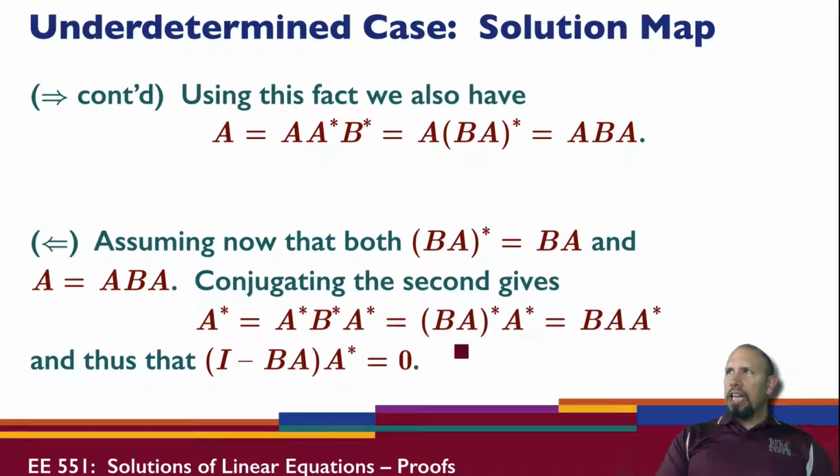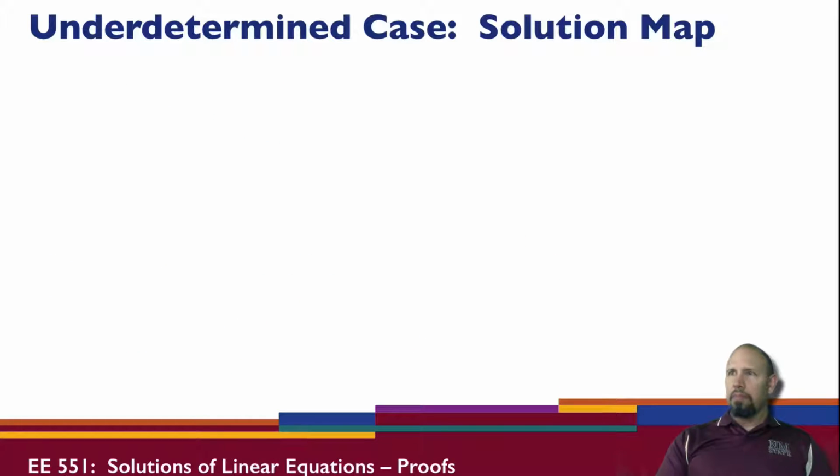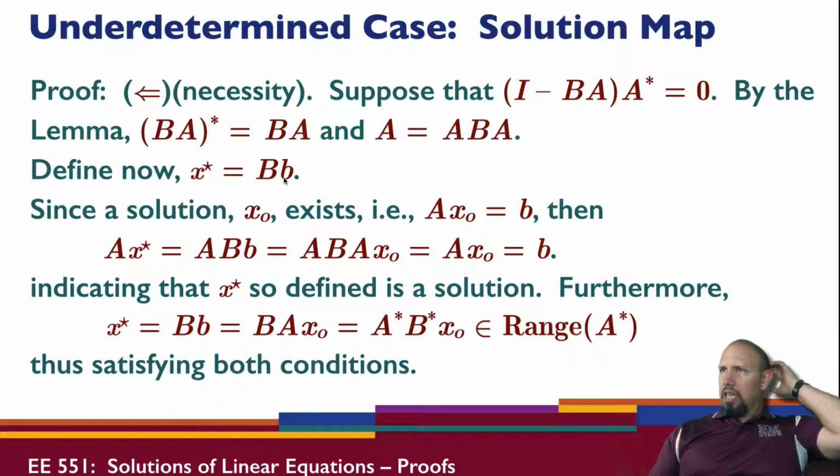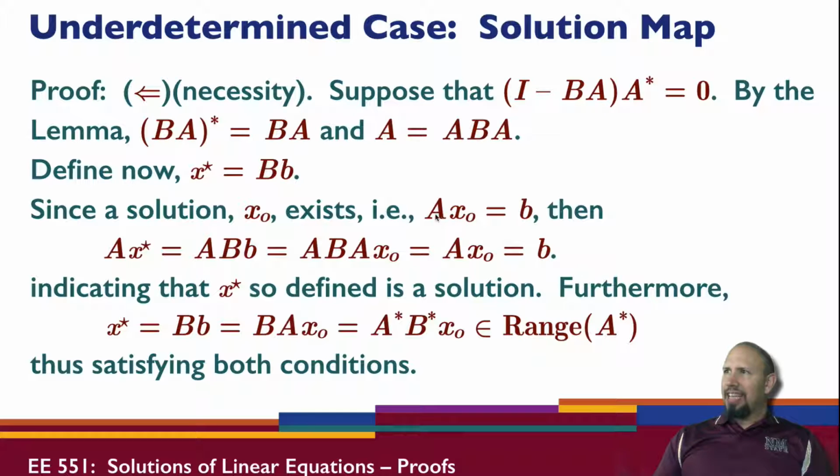Cool. All right, now let's go on to prove the solution map. First we do the necessity. Suppose that this equation is equal to 0. By the lemma, BA is self-adjoint and A is equal to ABA. Now define x star as B times little b. Since a solution to the linear algebra equation exists, that is, there is some x naught such that A x naught is equal to b. Remember that for the underdetermined case, at least one solution must exist.